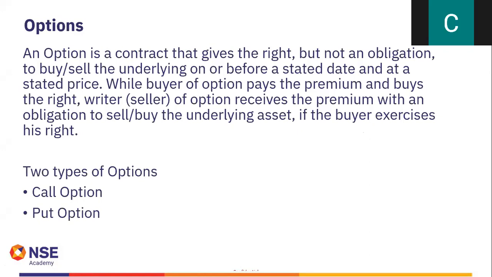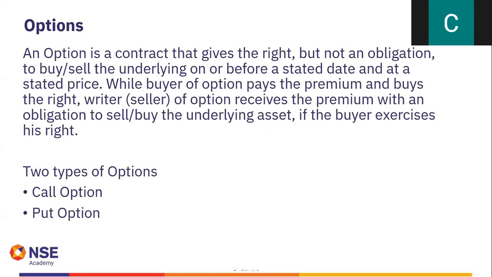Coming to options. So we have seen about futures. Now coming to options. Options, if you observe, are basically your insurance contracts. In an insurance contract, what happens? Say you take a two-wheeler insurance policy or a car insurance policy.